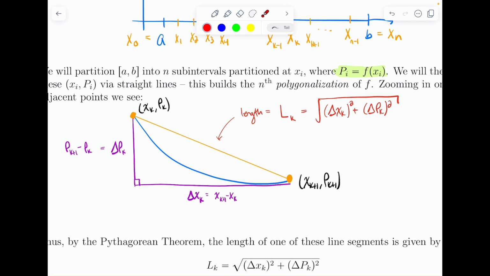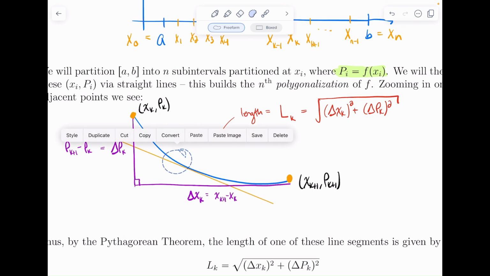Observe this orange line right here. Well, if I were to take it and I were to move it right there, notice it just went from being a secant line to a tangent line.